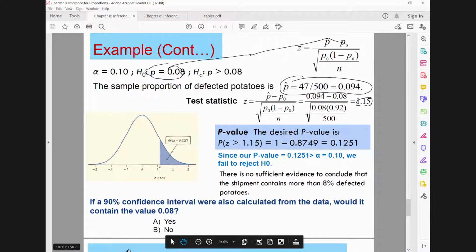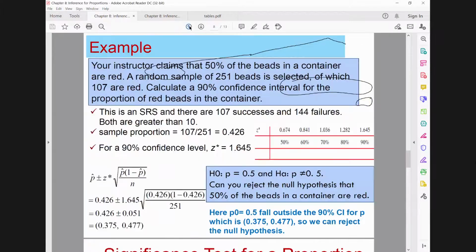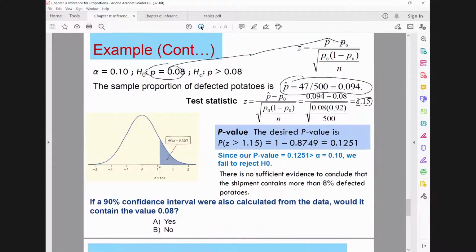Once we evaluate the 90% confidence interval, for sure 0.08 will be there. That means once we try to estimate the proportion, it will be in an interval containing 0.08. Why? Because if it's outside, then we can reject the null hypothesis, which is not the case.